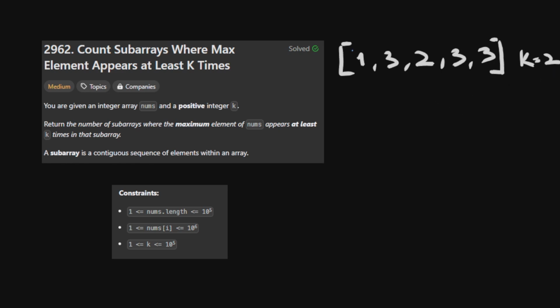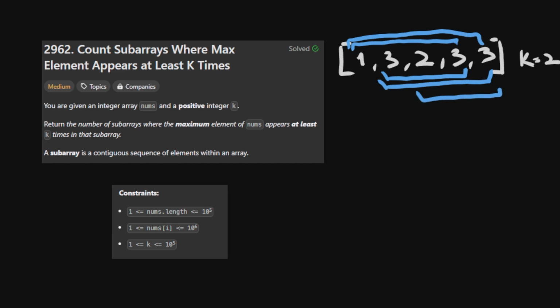This subarray is valid because it has 2 3's. This subarray is also valid. This one is valid. This one is valid. This is valid. And this is valid. So the result is 1, 2, 3, 4, 5, 6 subarrays. So we return a 6.